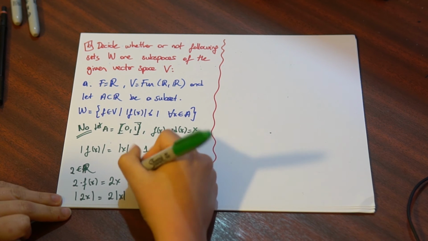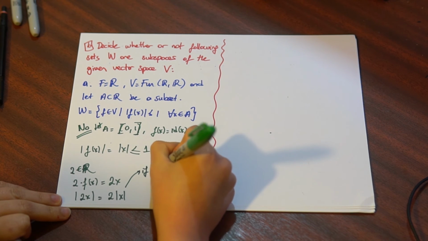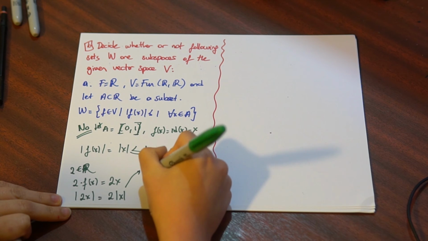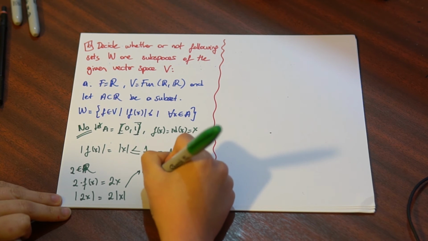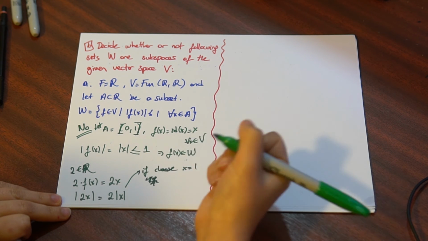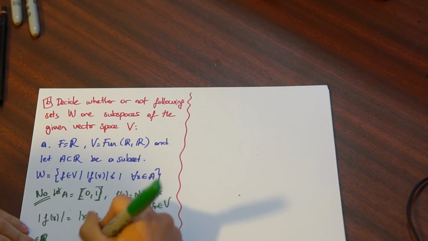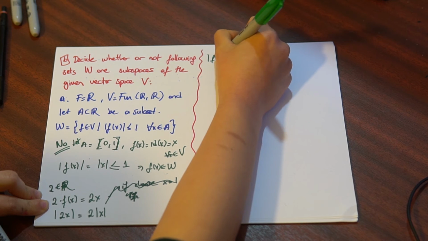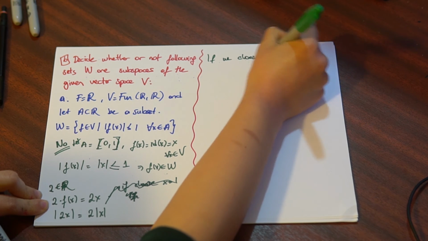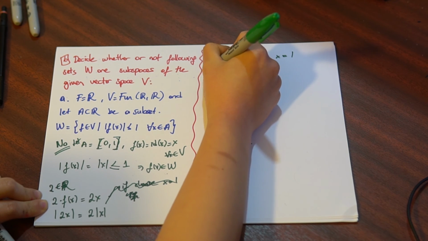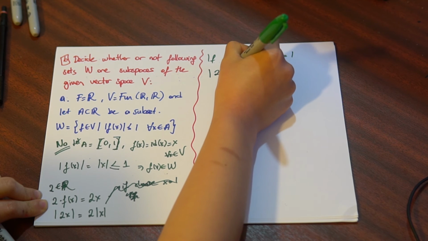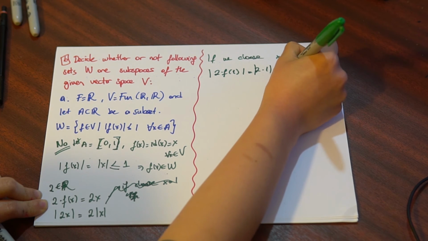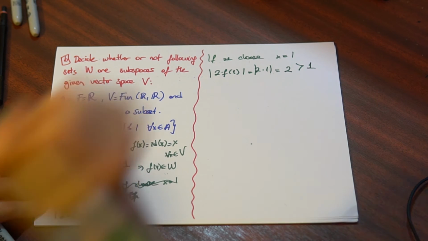But if we choose x equal to 1, the absolute value of 2 times f of 1 will be equal to 2 times 1, absolute value 2, which is greater than 1, right?